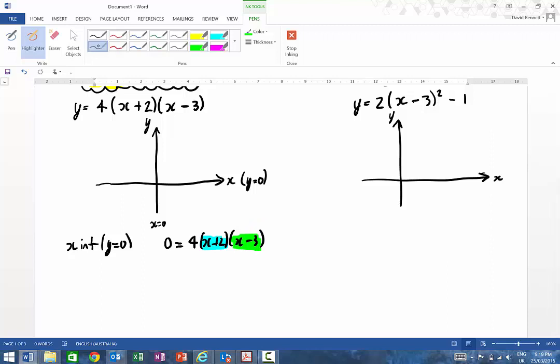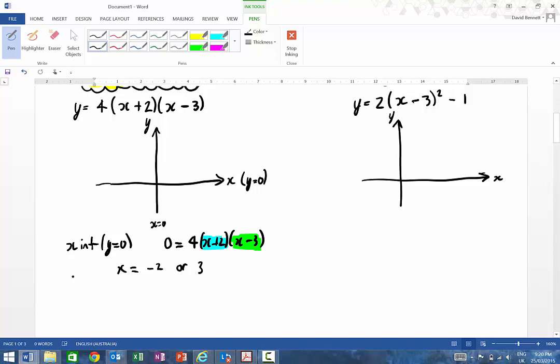Now simply, x is equal to -2, and the other value will be 3, because 3 take 3 gives you 0. So therefore my x-intercepts are those.